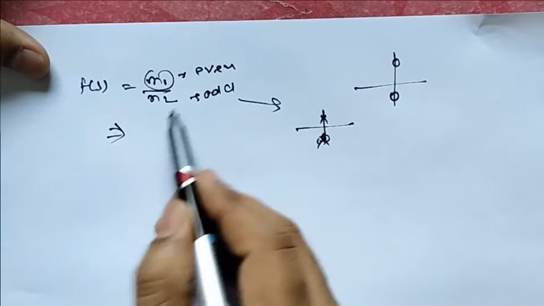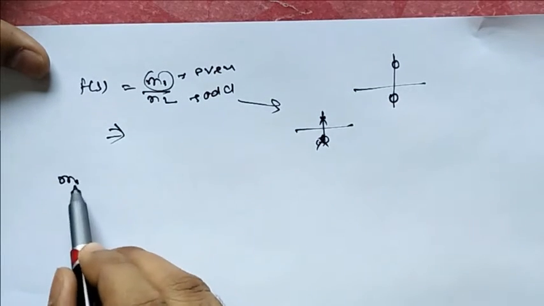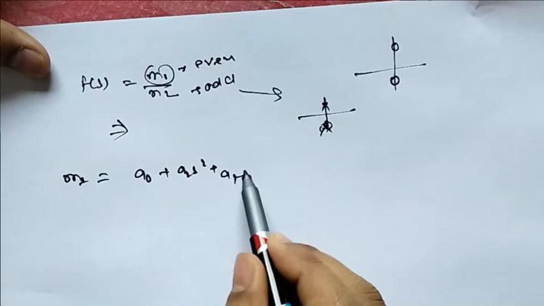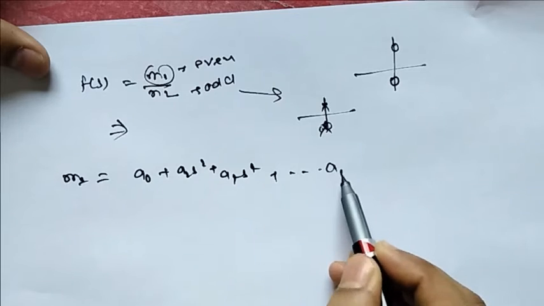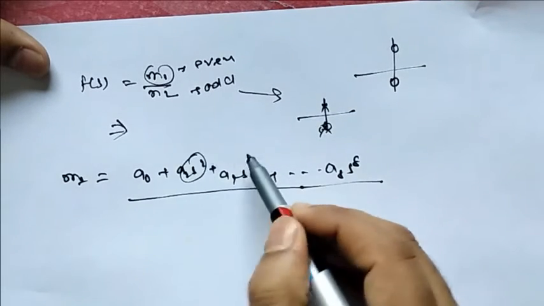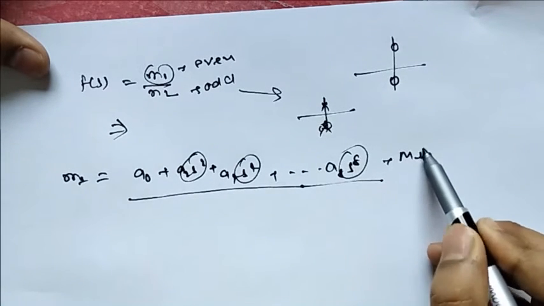Now if M1 is even terms only, then what will be our polynomial? Then M1 will be a0 + a2 s square + a4 s4 + a8 s8. See, these are all even terms, and we cannot have any missing term.